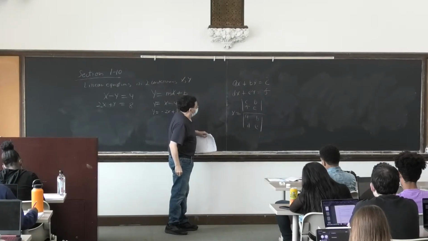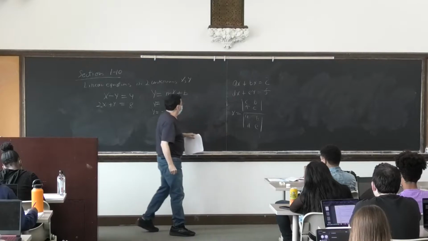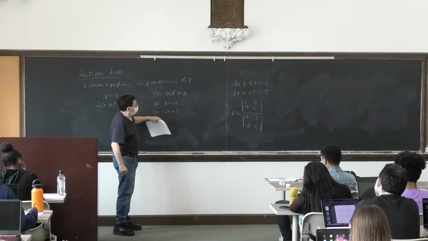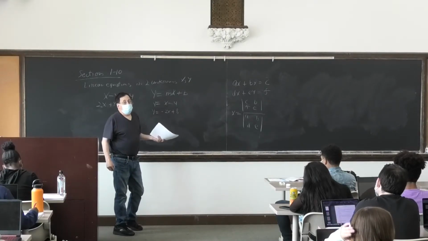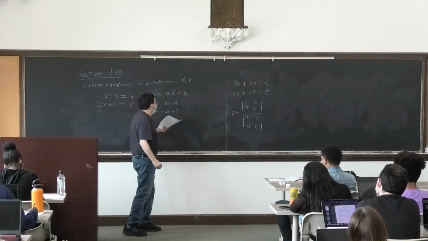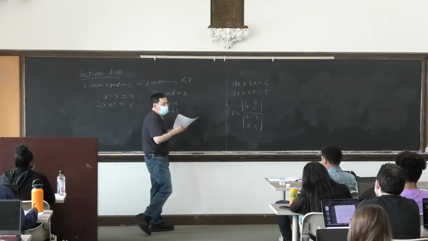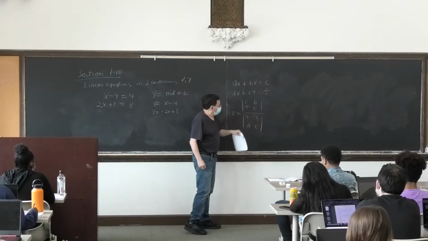Now, to me, trying to use Cramer's rule is almost always much more effort and work. If you're a computer programmer, well, to write an algorithm that does substitution or elimination can be a little tricky. This is just a formula.